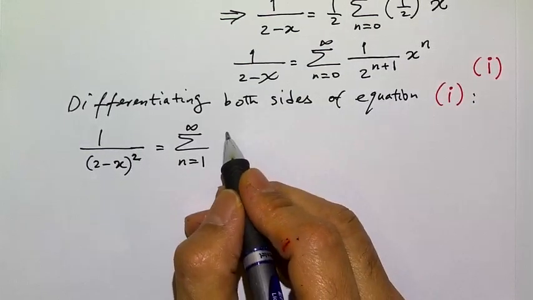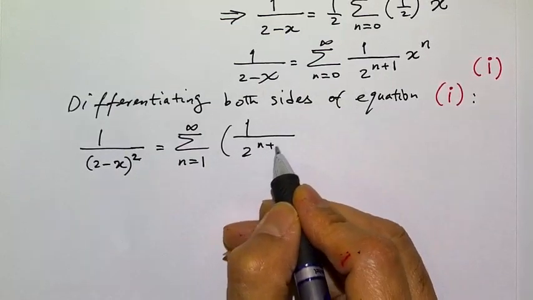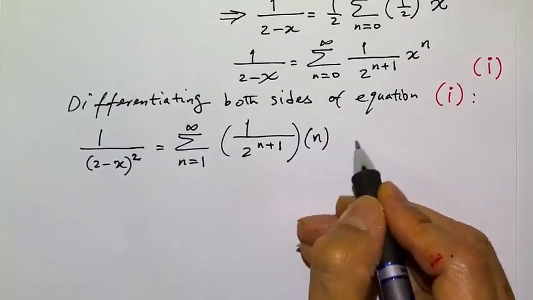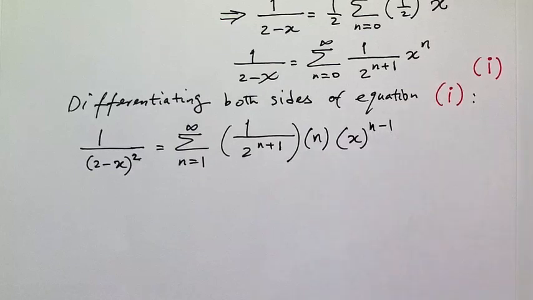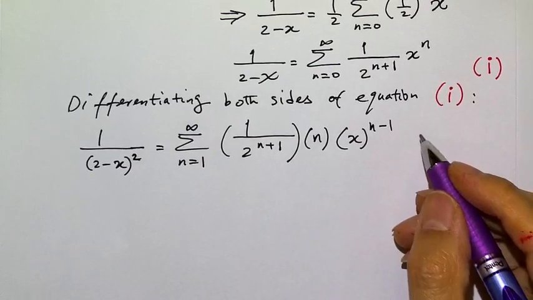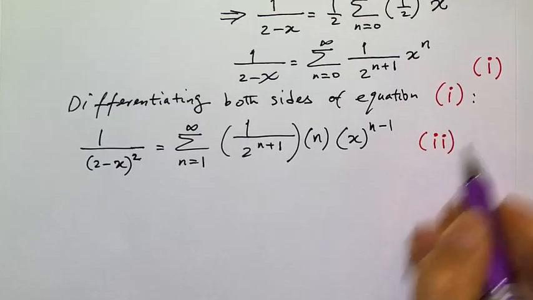So we have 1 over 2 to the n plus 1 power times n times x to the n minus 1. Okay, so let's call this equation 2 or double I.